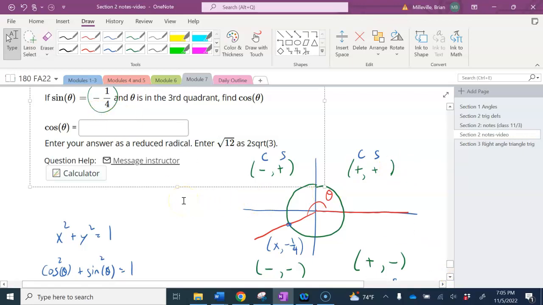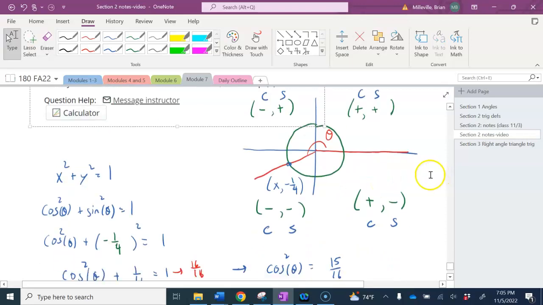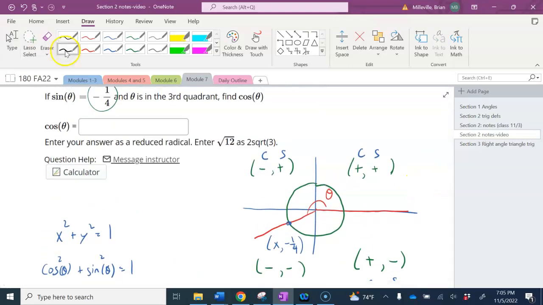So let's talk about this sign convention, the algebraic sign. In quadrant 1, both coordinates have to be positive, because we're going right and then up. In quadrant 2, we're going left and then up, so cosine is going to be negative because that's the x-coordinate, and sine is going to be positive.